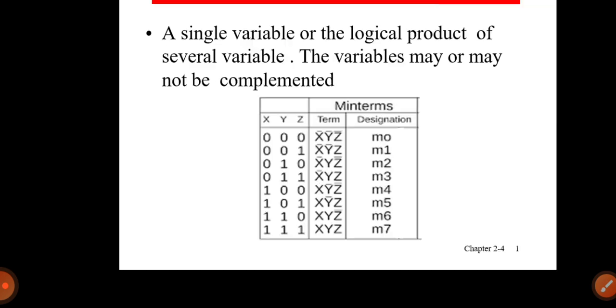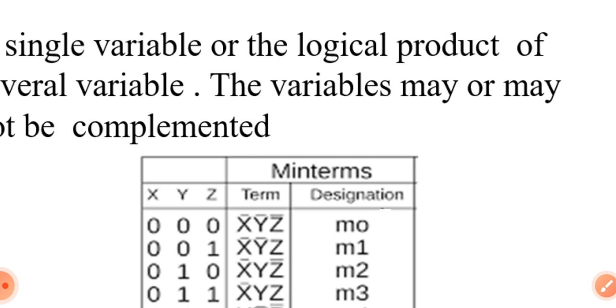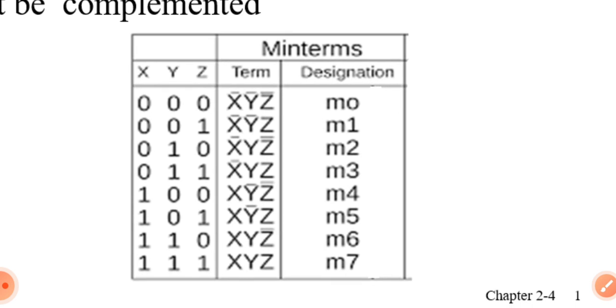These are examples. In two variables we have seen that already. In three variables, 000 is x bar y bar z bar, which is m0. 001 is x bar y bar z.